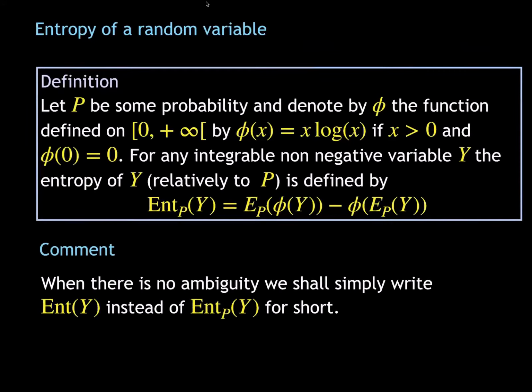Does everybody know what is a Radon-Nikodym derivative? Yes? That's okay? Omega is a countable set, okay, here. Omega is the underlying probability space.